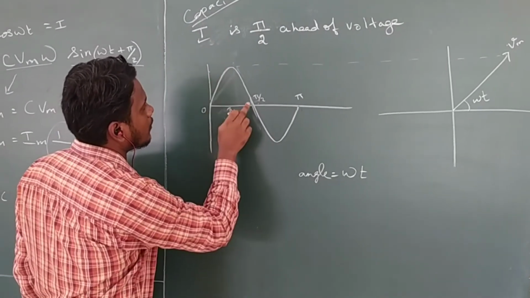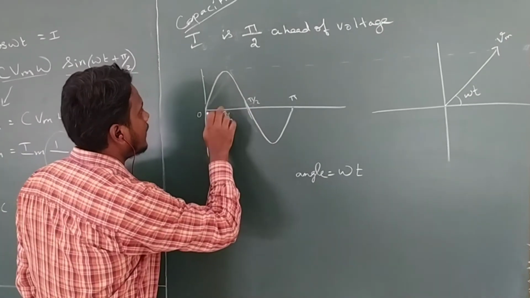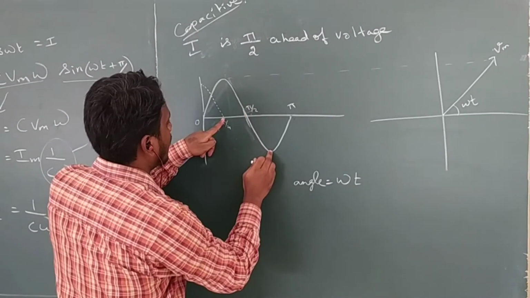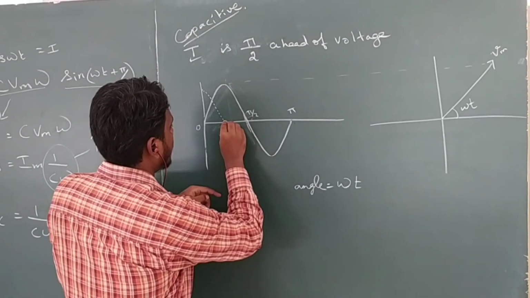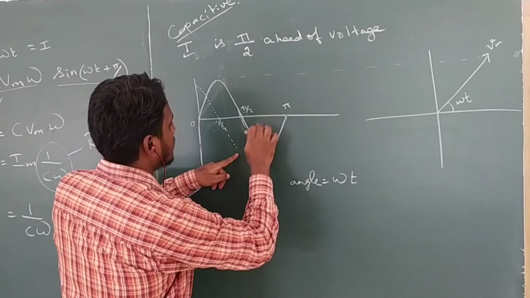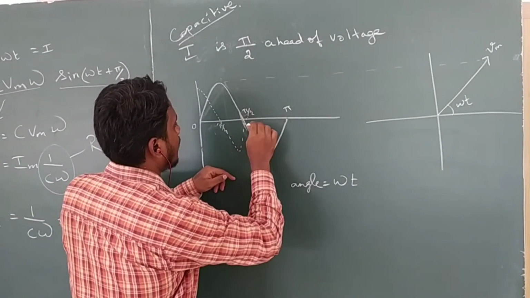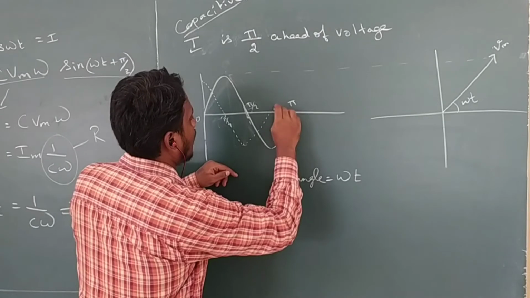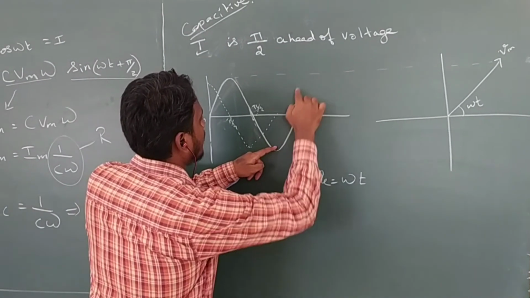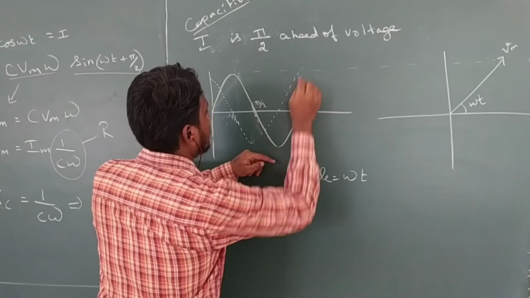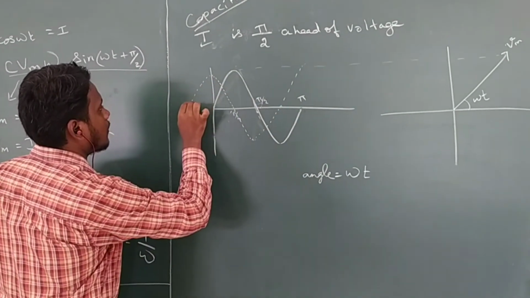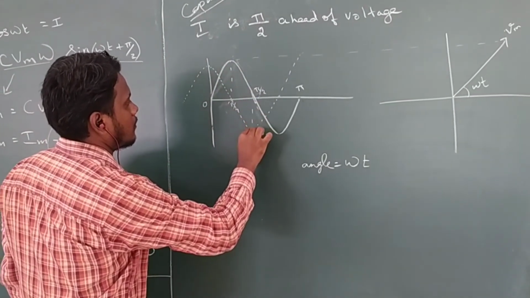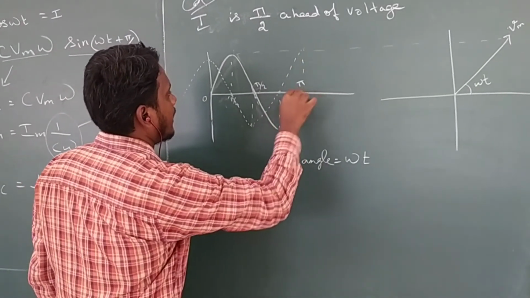So then the next value here will be leading by 90 degree, right? And this value will be 90 degree before that, like this. And this value will be here, and this value will be here. That's it. Do you get this? 90 degree behind it.